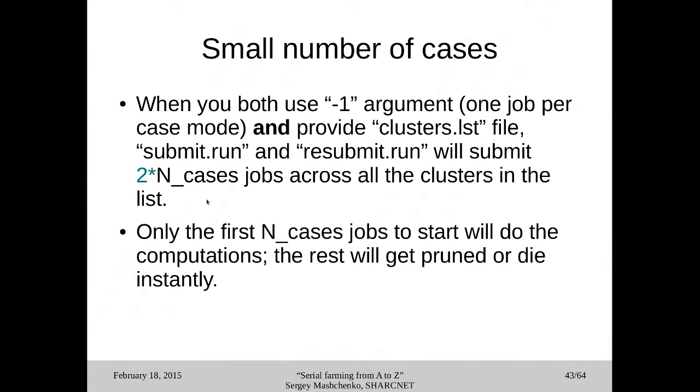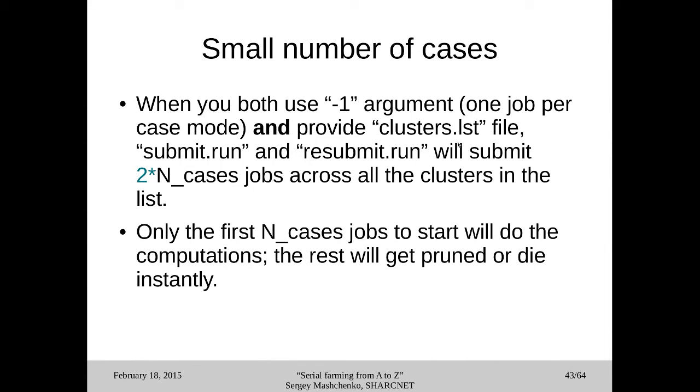Let's say your cases table has 100 cases, 100 lines. If you use the -1 argument to your submit.run, and if you don't have a clusters.lst file, the script will submit 100 jobs on this current cluster, which is totally reasonable behavior. That's what you expect. One case per job, so you want to have 100 jobs to run on this particular cluster.